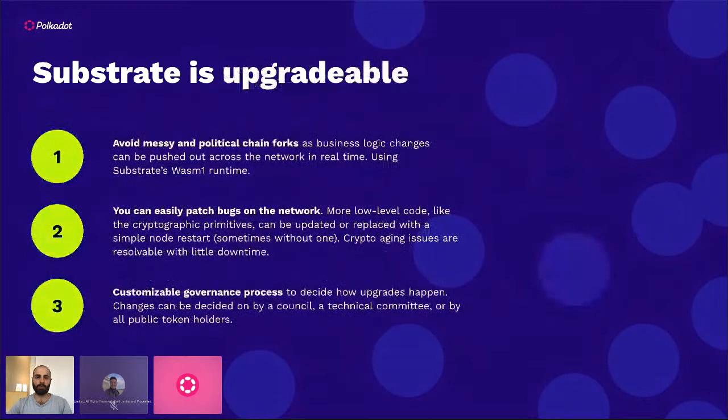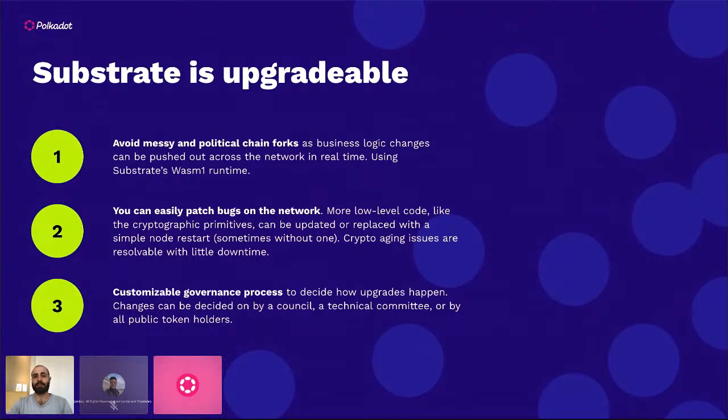Because these runtime upgrades are just WASM binaries, this idea of runtime upgrades being forkless is a part of Substrate. Forkless upgrades are extremely important because your runtime upgrades will go through on-chain governance, and the on-chain governance proposal will have the runtime upgrade in it as a WASM blob.